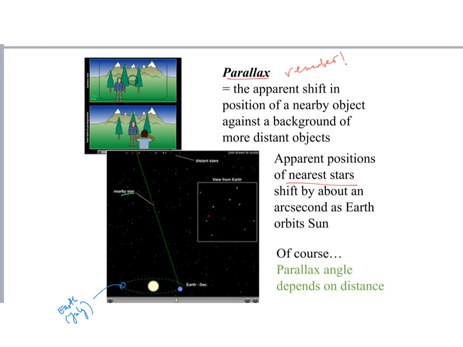And this is 1 AU, 1 astronomical unit, the average distance between Earth and the Sun. This is where you see the star in December, and this is where you would see it in July, with respect to the distant stars. And the parallax is this angle.